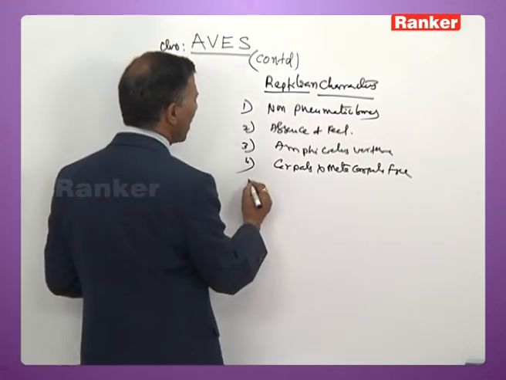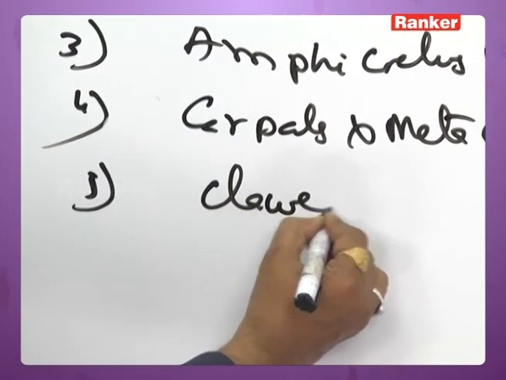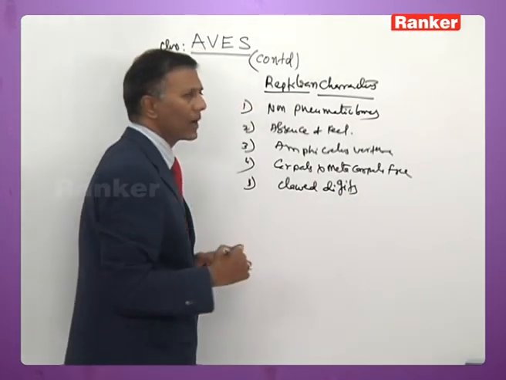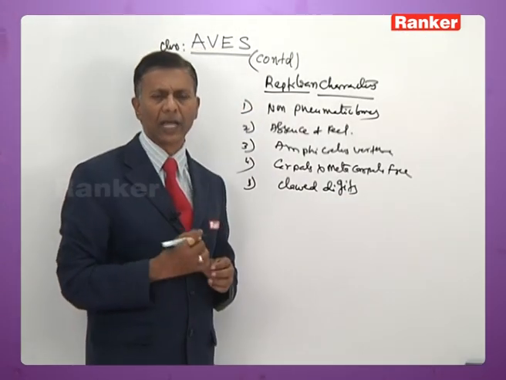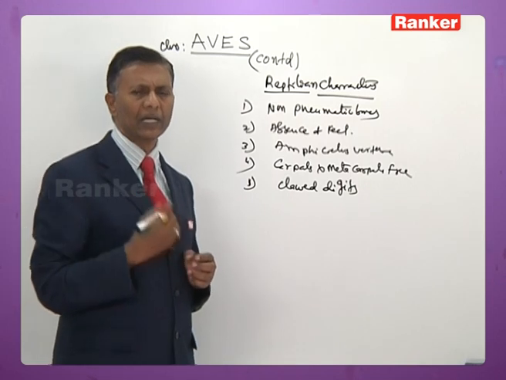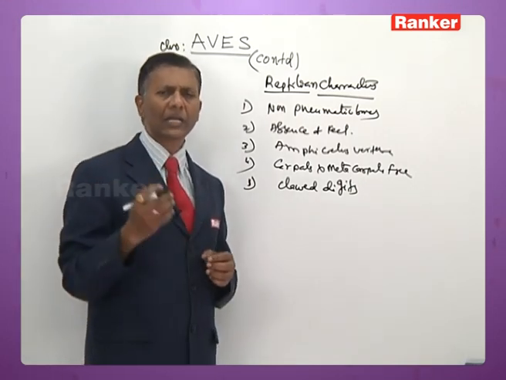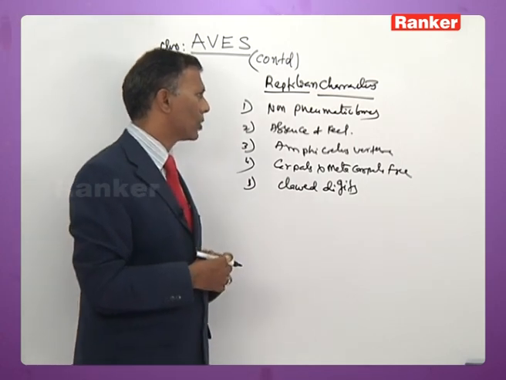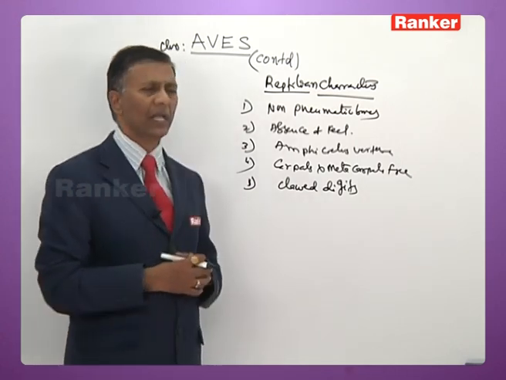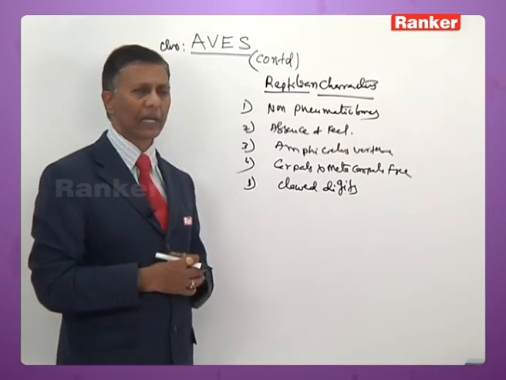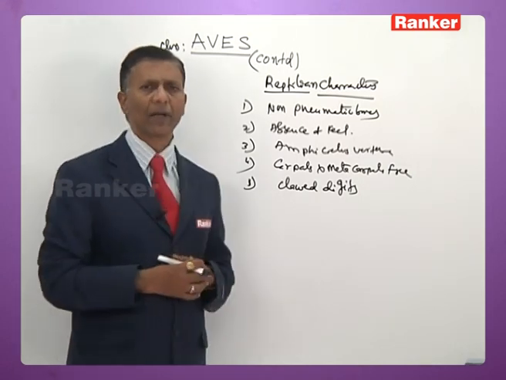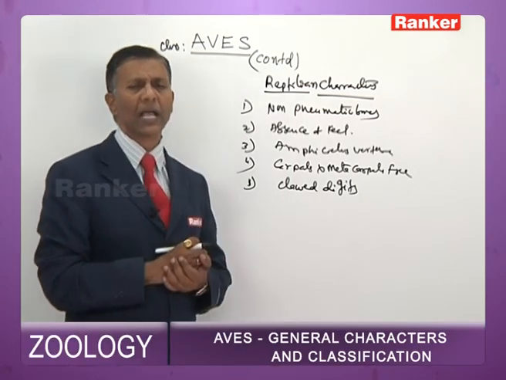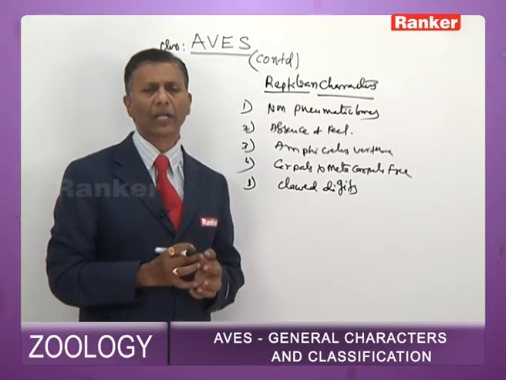And presence of clawed digits, also a reptilian feature: unlike birds, 3 clawed digits are present in the wing. These are the reptilian characters of Archaeopteryx.